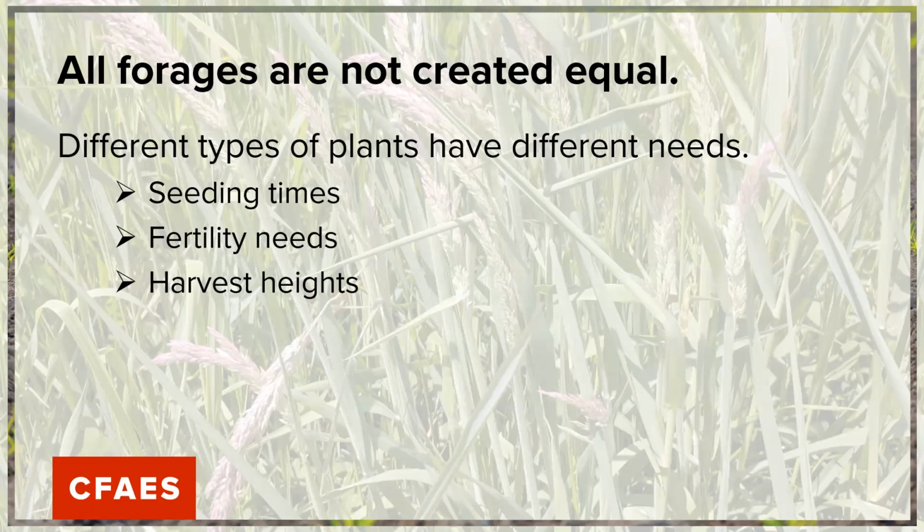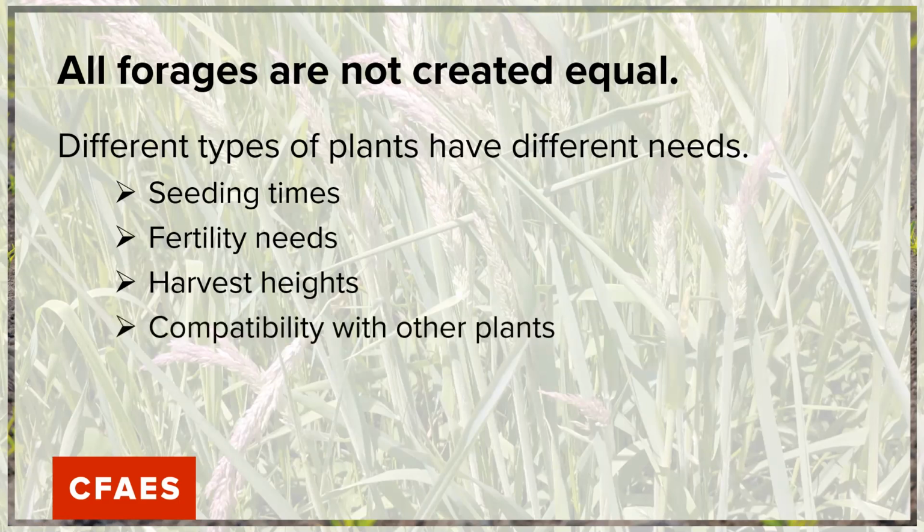And many of our cool season plants should be grazed no lower than 3 inches. So pay attention to the specific height of the meristem of your plants, as you can see on the chart that Jeff shared early on in the presentation, so that you don't inadvertently damage that critical growth point on the plant. If you do, the stand will struggle to recover from that.